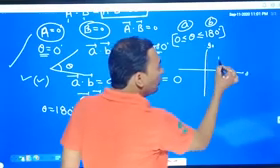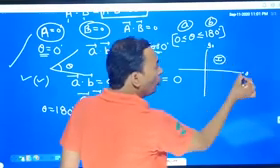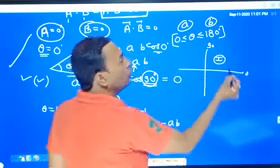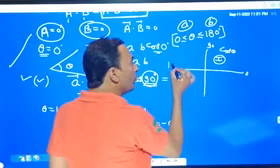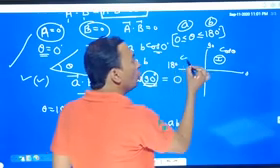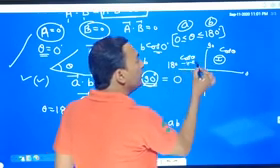From 0 to 90 we are in the first quadrant, and in the first quadrant all trigonometric values are positive, so cos theta is also positive. But in the second quadrant, from 90 to 180, cos theta becomes negative.